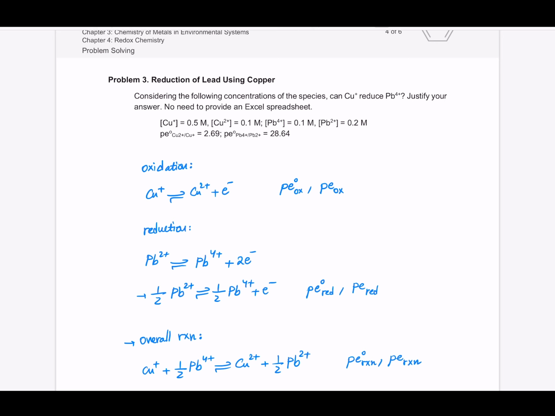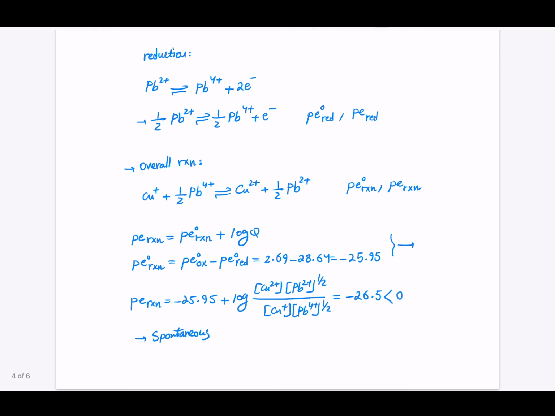And as I mentioned in the class, this is very useful information to know. So in environmental systems, we can evaluate what kind of element can reduce or oxidize another kind of element at a given condition in terms of the concentration and sometimes the condition of the solution.